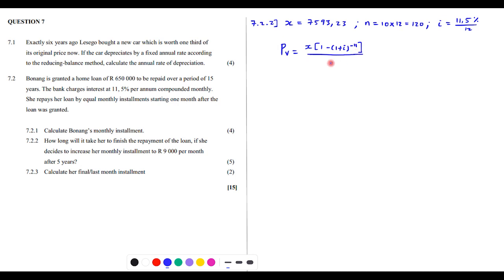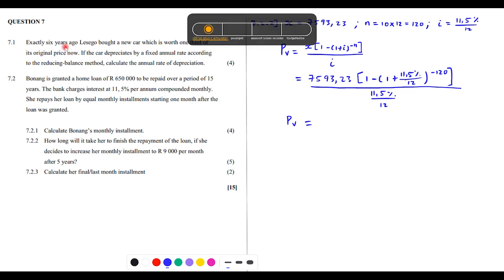Now this will help us first calculate the money that was left, or that she still needed to pay, before we can then use that money to calculate how long it will take her to pay the rest. So as you can see here, 11.5% over 12. Now going to the calculator.